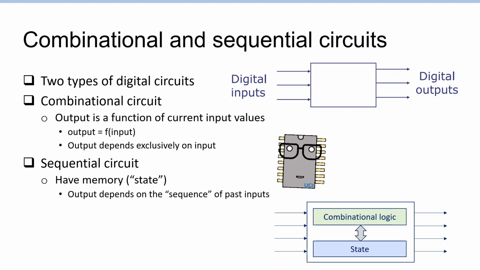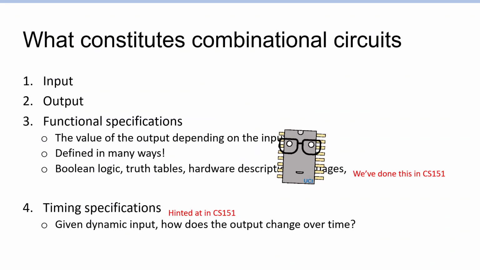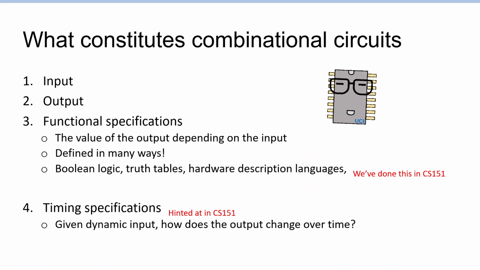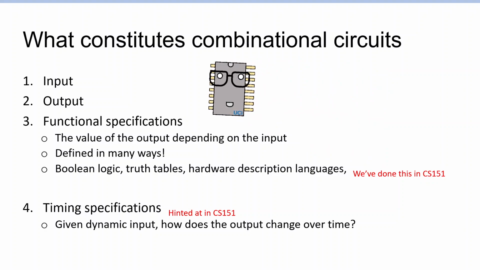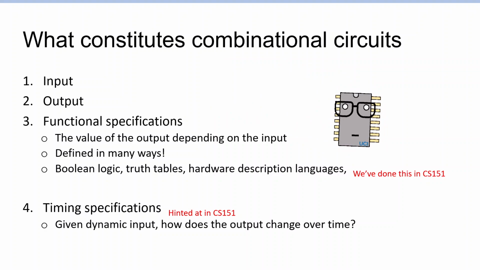First, a little bit more detail about combinational circuits and what actually constitutes them. I mentioned that the output of a combinational circuit depends exclusively on the current input. So when we describe a combinational circuit, we just describe it as consisting of an input, an output, and its functional specification, the actual function which the circuit is computing.